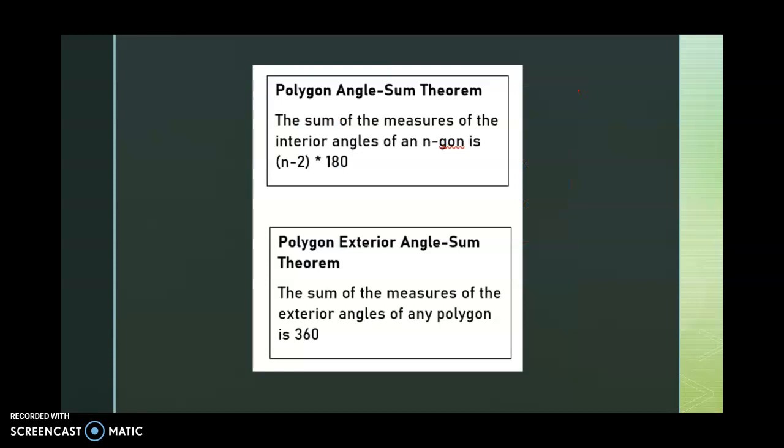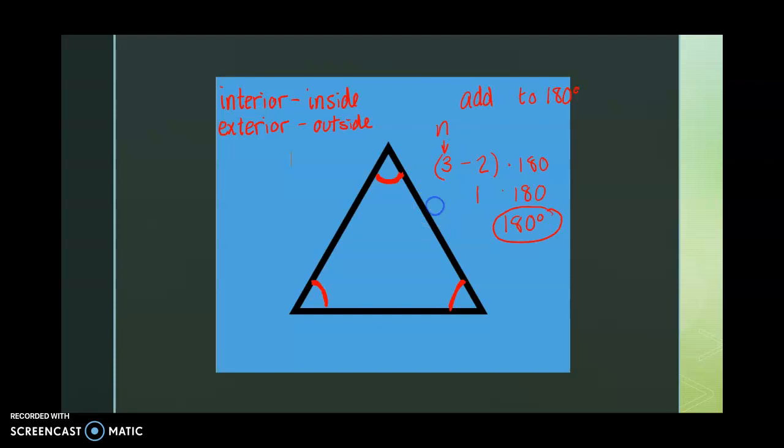Then the exterior angle sum theorem tells us that the exterior angles of any polygon add to 360 degrees. So remember from last semester, we can extend these lines out, right? So I'll get rid of these inner ones to make it more clear up here.